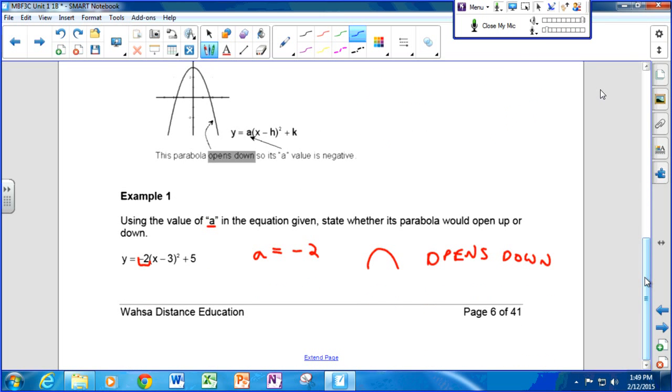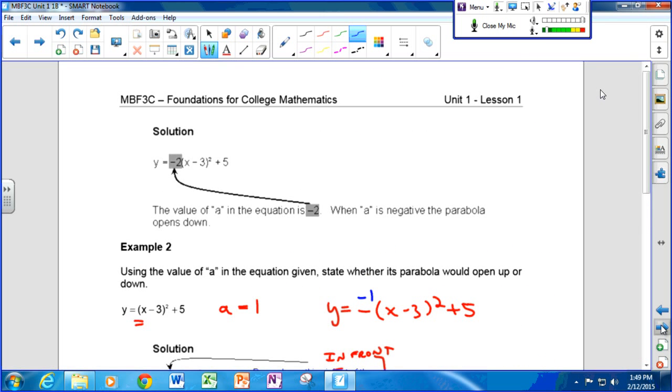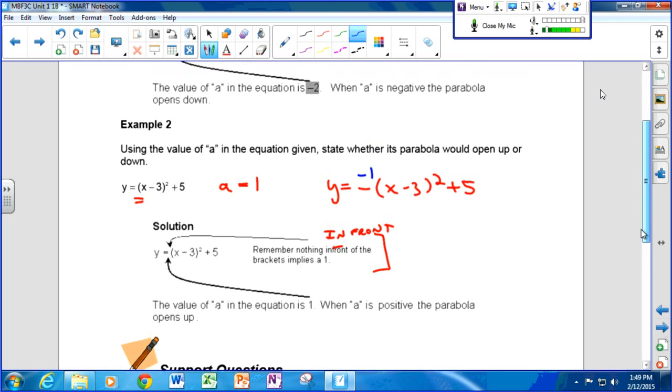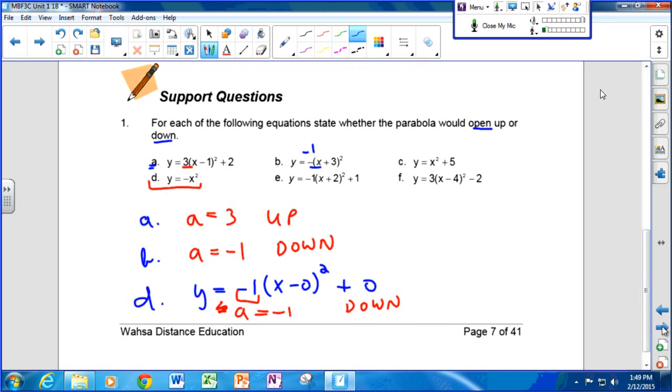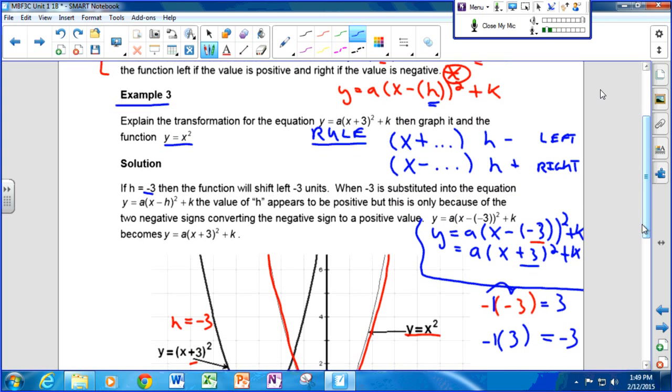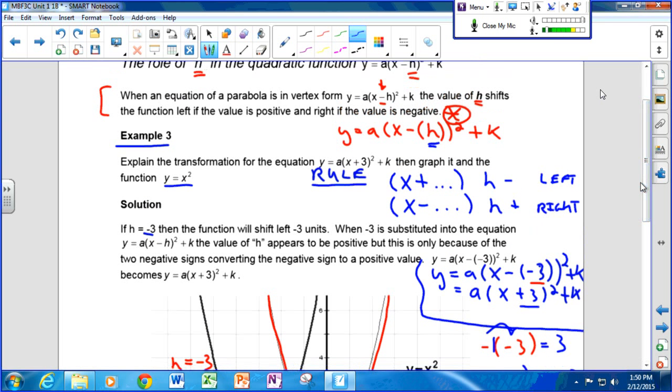Now, the second one, the one that was maybe a little bit confusing, is the h. The way the text talks about h is they're assuming that h is substituted into the standard form, which includes a negative sign.